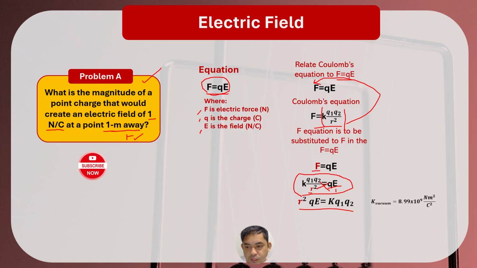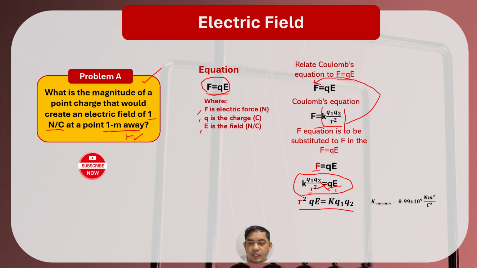Okay. The next thing we do in my presentation, I want to isolate the electric field here, but you can have another way depending on what particular variable you're trying to isolate.